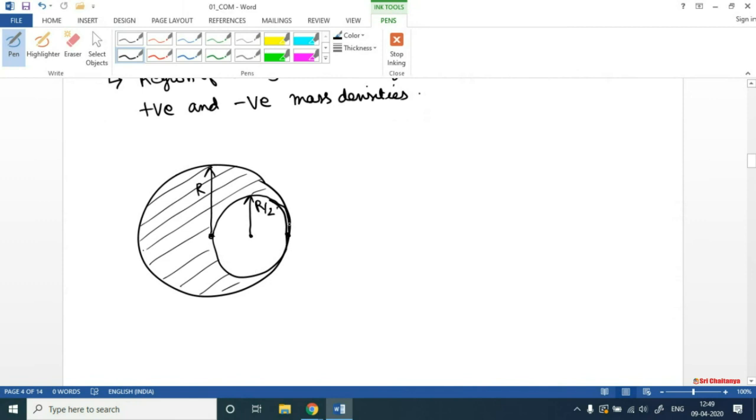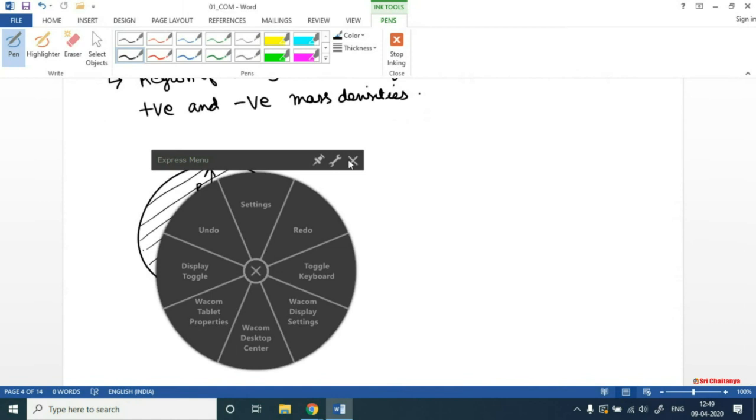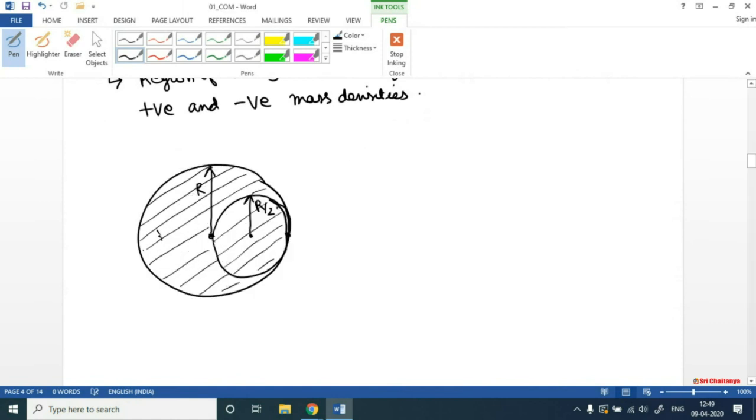So how can we find out the center of mass of this thing? The idea is to find the center of mass of this distribution with a cavity, so let's say in the region of cavity we have positive mass density same as this. Let's say that the mass density over here is plus rho.